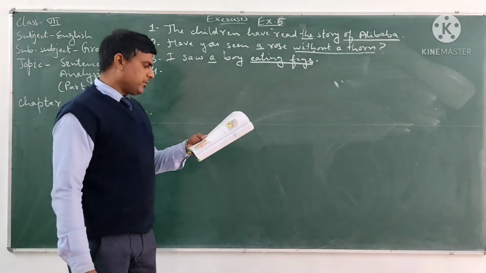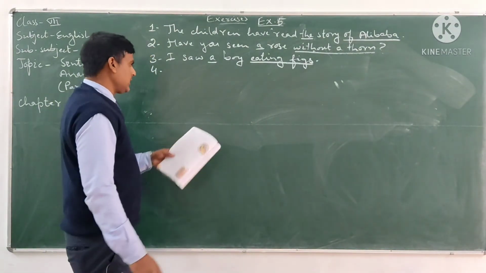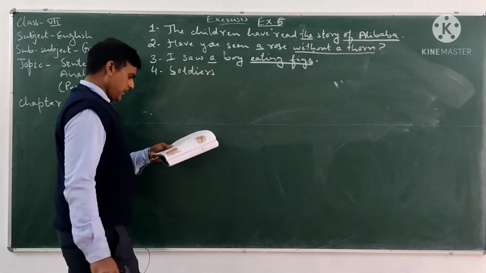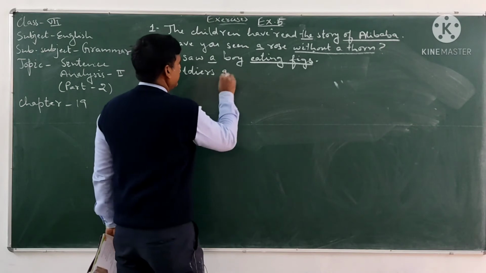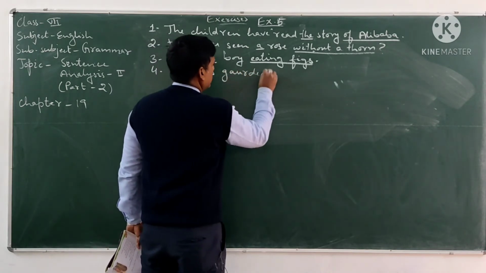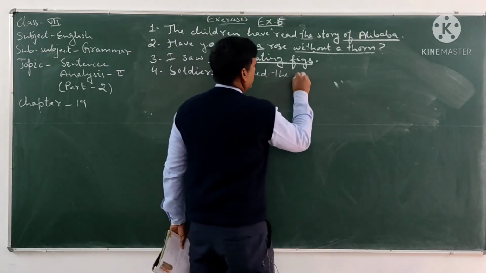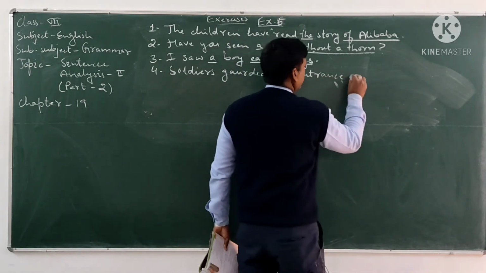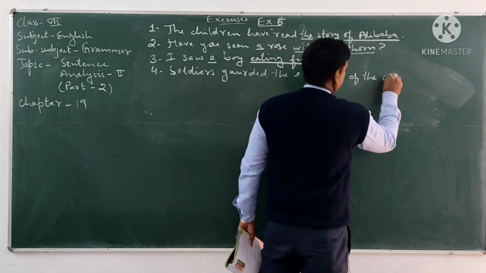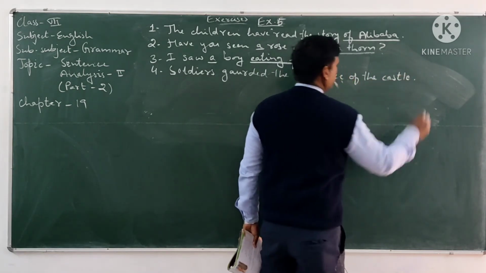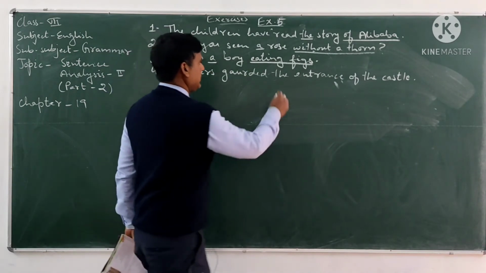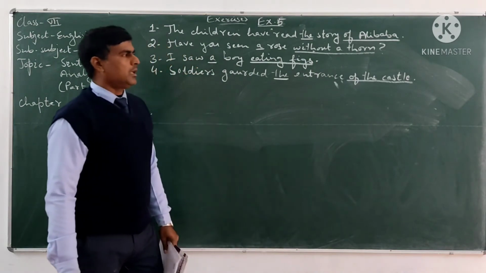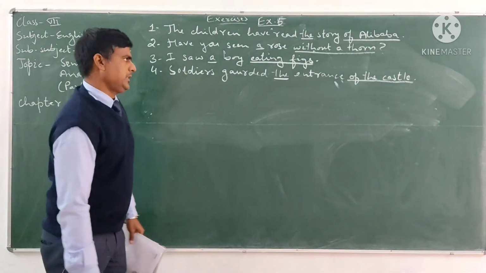Sentence number 4 is, soldiers guarded the entrance of the castle. In this sentence, the and of the castle are the enlargement of object.